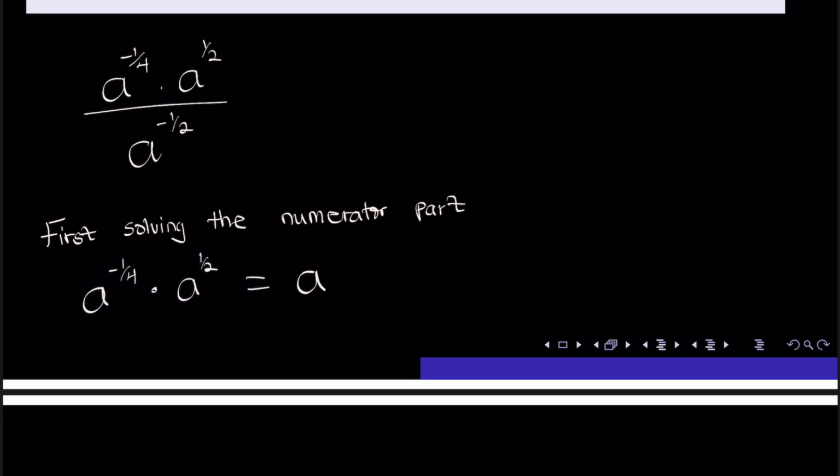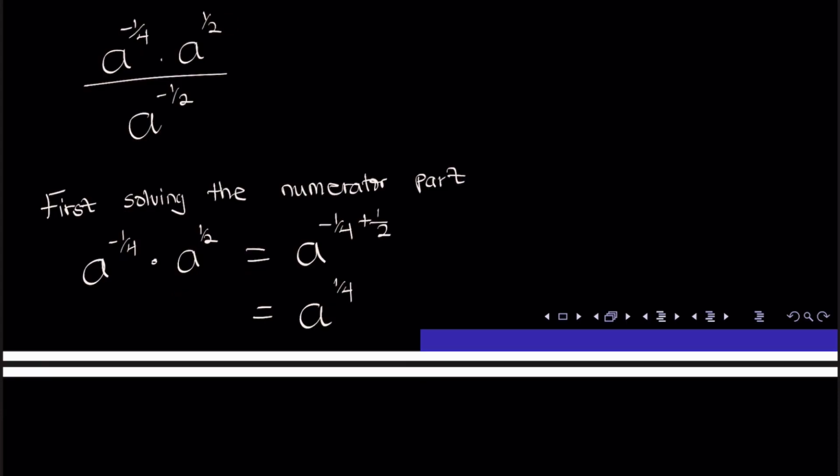Thus we are going to have a exponent minus 1 over 4 plus 1 over 2. This is going to give us a exponent 1 over 4. And so we can rewrite this question as a exponent 1 over 4 divided by a exponent minus 1 half, because the numerator part is equal to a exponent 1 over 4.